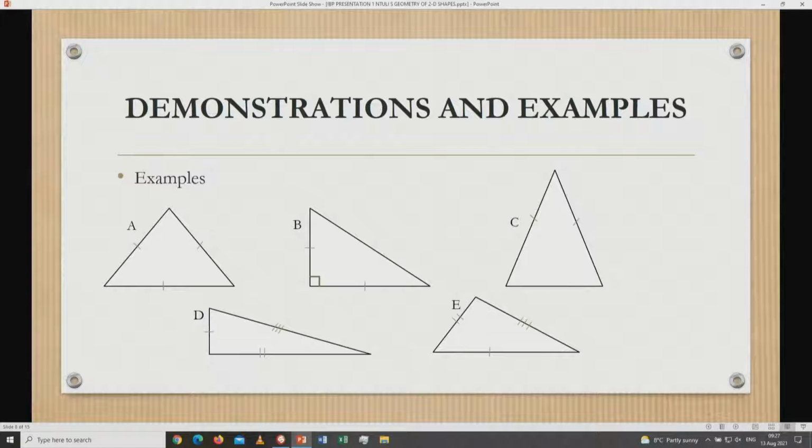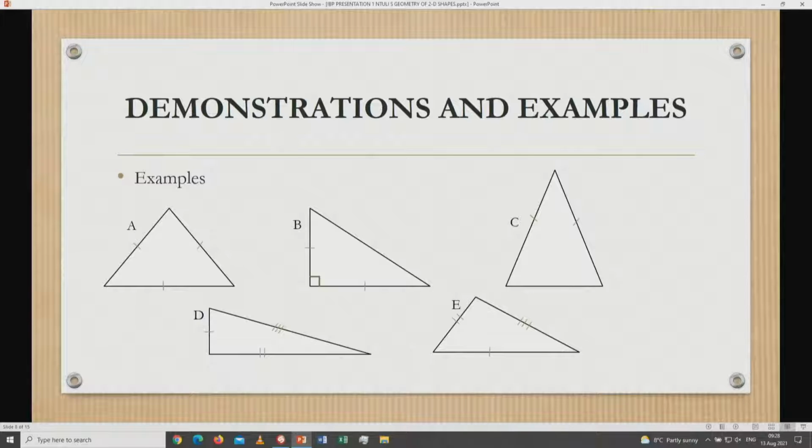So guys, I will give you a few minutes to observe them and come up with the names of these triangles. What could be the name of triangle A, triangle B, triangle C, triangle D, and triangle E?